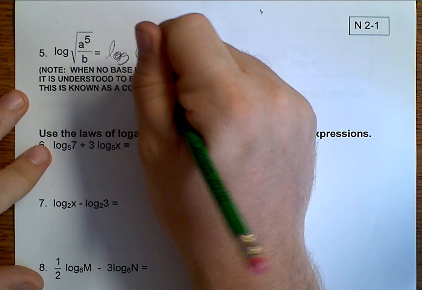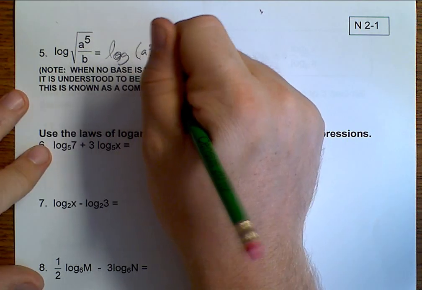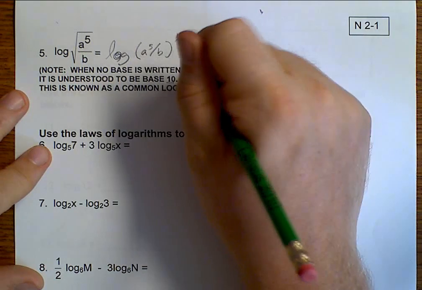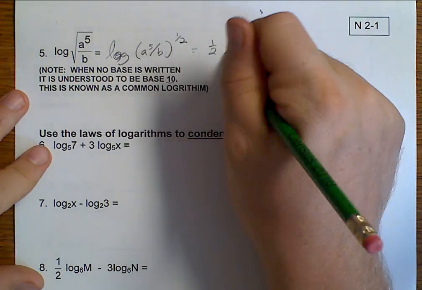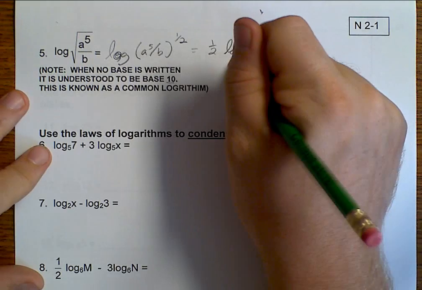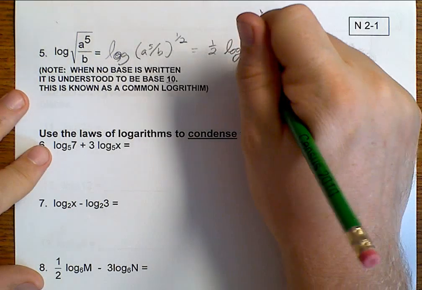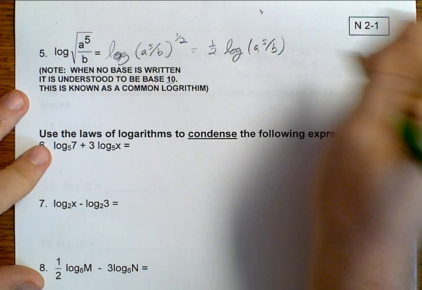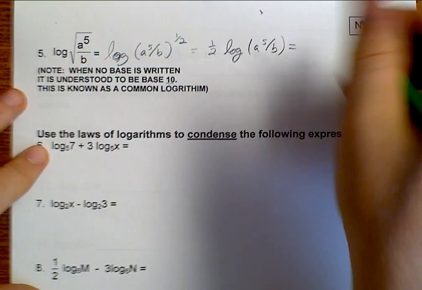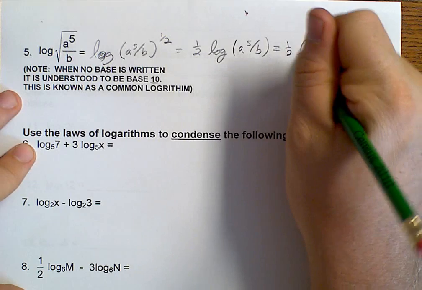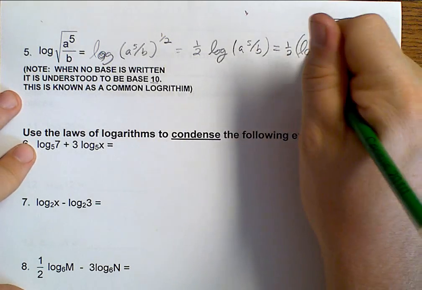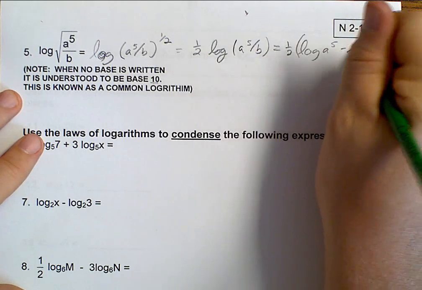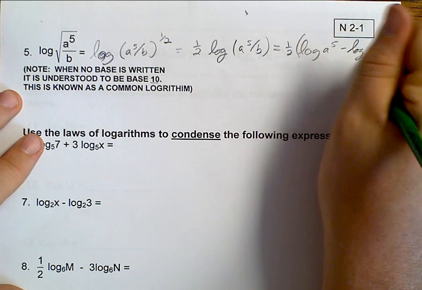So this equals log of a to the 5th over b to the 1/2 power, which is 1/2 of the log of a to the 5th over b. Go ahead and break up the division. 1/2 times the log of a to the 5th minus the log of b.